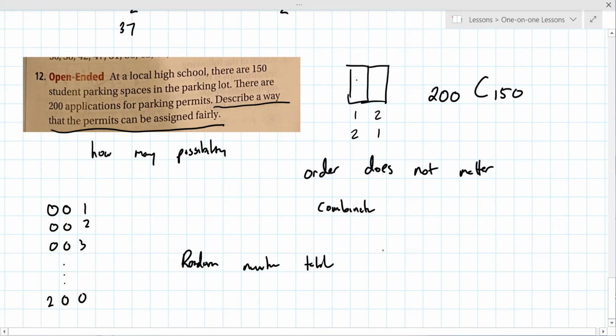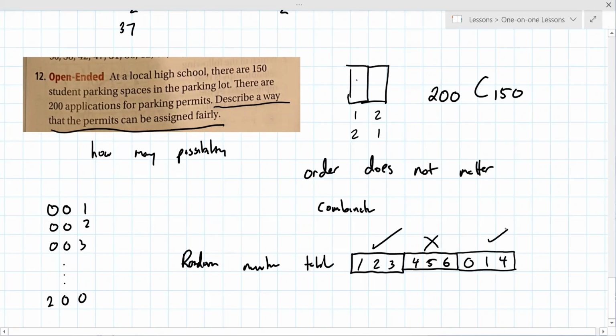You could pick blocks of 3 numbers, and if it's in this range, you would say check, they get one. But let's say it was 123, and the next 3 were 456. That would not work because it's too big. And then let's say the next one was 014. Well, that person would be okay. So that's a way you could do this to make it fair.